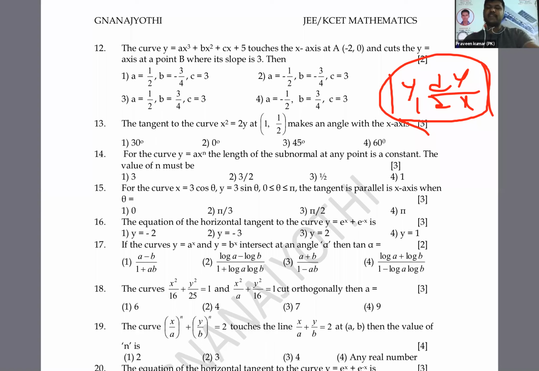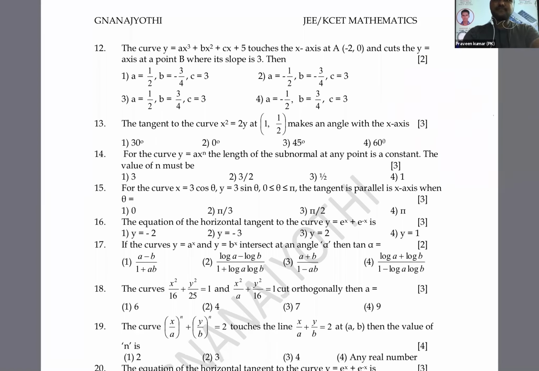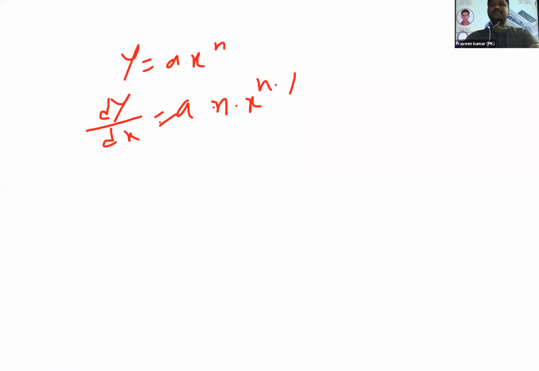What is dy by dx? dy by dx is a into the derivative of x power n, which is n into x power n minus 1. Correct?